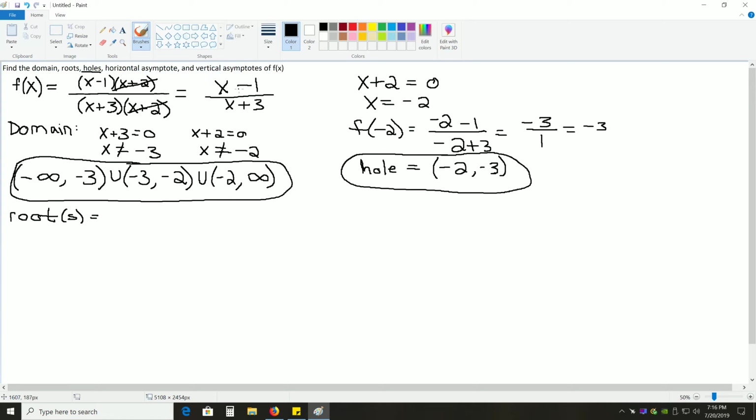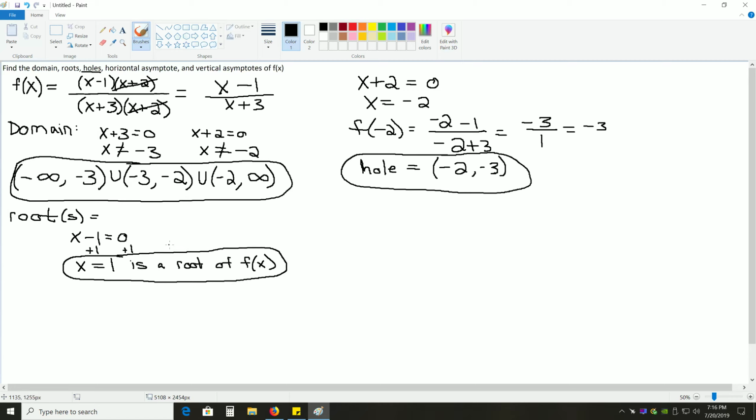In this case, it's already factored for us. X minus 1 is completely factored. So we'll set that equal to 0 and solve for x, which means we're going to add 1 to each side, leaving us with x equals positive 1. So x equals 1 is a root of f of x. It's a root of the original function.